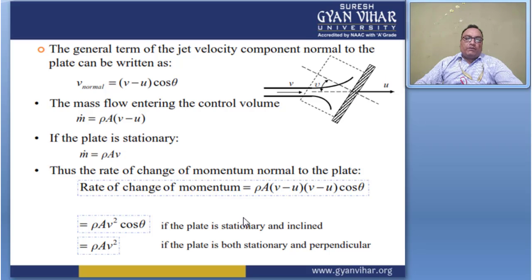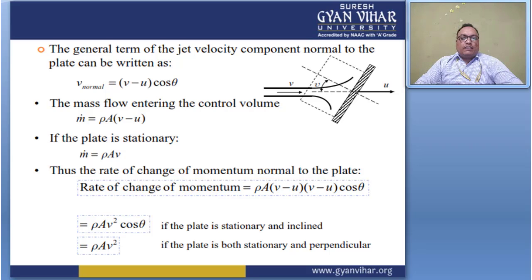If the plate is stationary and inclined, the formula used is rho a v square cos theta, and if the plate is both stationary and perpendicular, then the formula used is rho a v square. So for the analysis we can use different types of formulas.